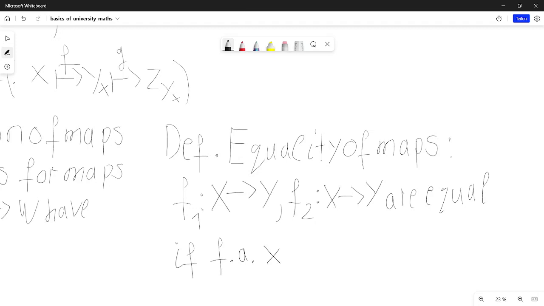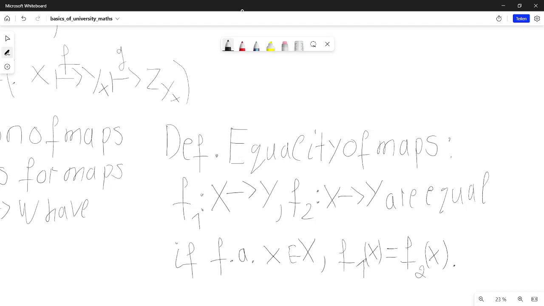For x in the domain, because what makes a map is how it maps. For x in the domain, we just have to have that the things that it assigns to the respective x and the other map assigns are always equal to each other. That's just that, right? Contemplate the definition for a little bit.